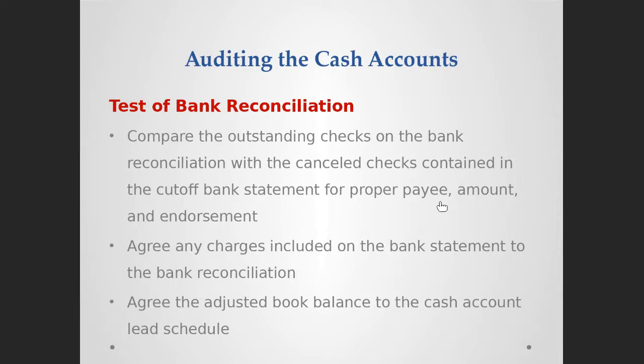You can go back to the previous lecture. The 9,000 amount should be the same in the cash disbursement journal. So for that check, you should find 9,000 recorded in the cash disbursement journal.